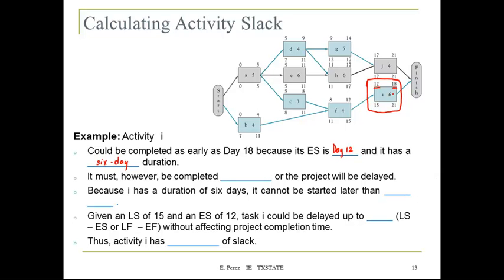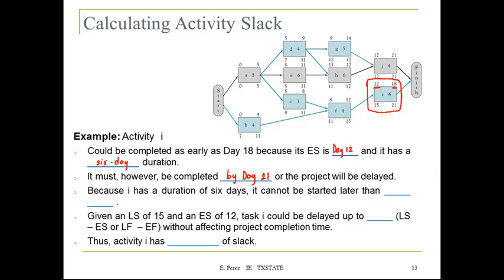It must, however, be completed by day 21, or the project will be delayed. Because right now it's saying that the critical path or the critical duration is 21. So if we don't complete that activity by day 21, the project is going to take longer to be completed.